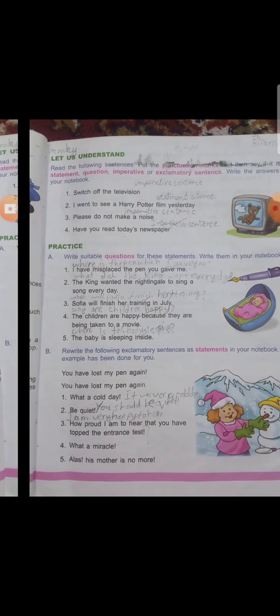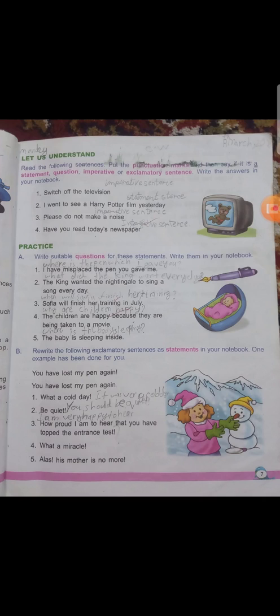activities. Page number 7. And the first activity is read the following sentences, put the punctuation marks, and then say if it is a statement, question, imperative, or exclamatory sentence. Write the answers in your notebook. So before doing these sentences, read the 4 types of sentences carefully, and then you can do these 4 sentences easily.